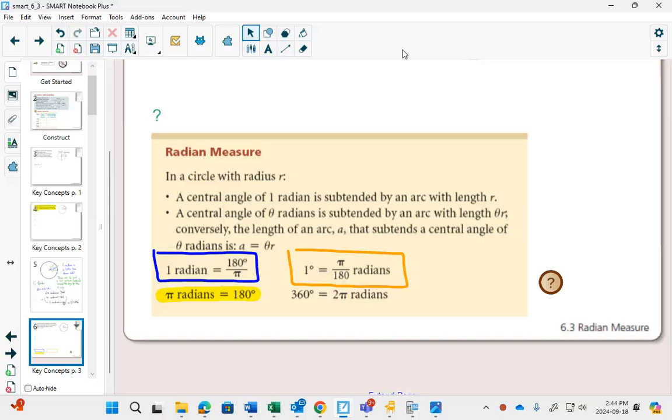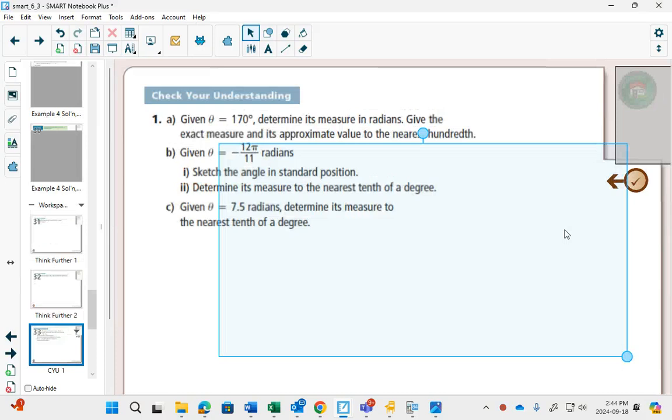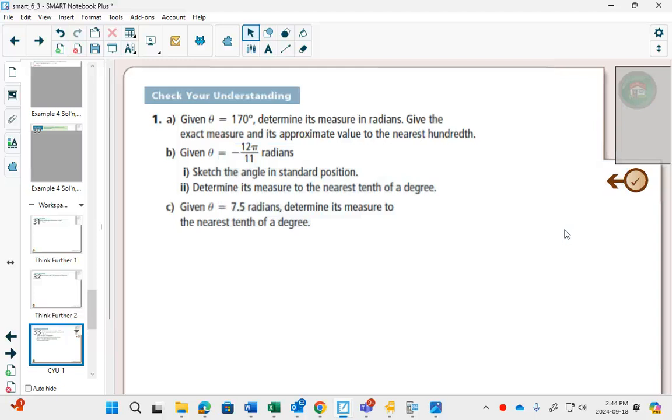And so we'll start with example 1, where we just start doing some exchanges. And I'll show you a couple of ways to do these exchanges. One of the ways that you're going to do the exchanges is to use those 2 things that we put in the box, the 180 over pi and pi over 180, and you just need to multiply by one of those to change it.